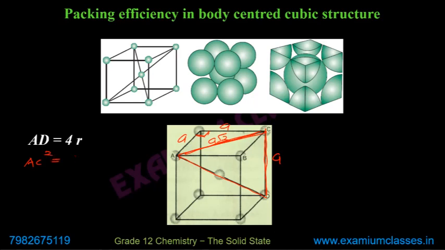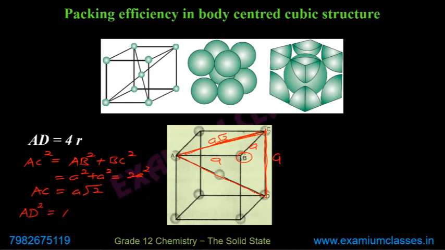AC square will be AB square plus BC square, means a square plus a square, that is 2a square. AC will be a root 2. So now if I have AC, I can calculate AD square. AD square will be AC square plus CD square. Visualize it.